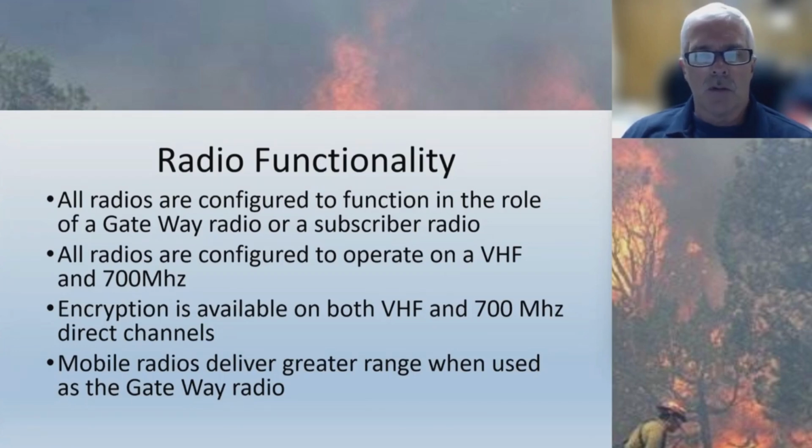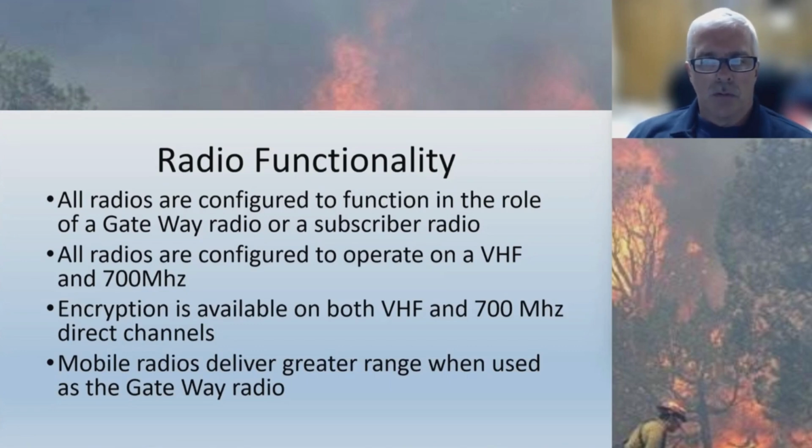That way, if we had a radio issue, we keep one zone within the radios configured to operate as a gateway radio or a subscriber radio, as need be. In that one zone, we keep both VHF and 700 configured. We run all dual-band or tri-band radios, depending on whether it's the 7000 or 8000 version.